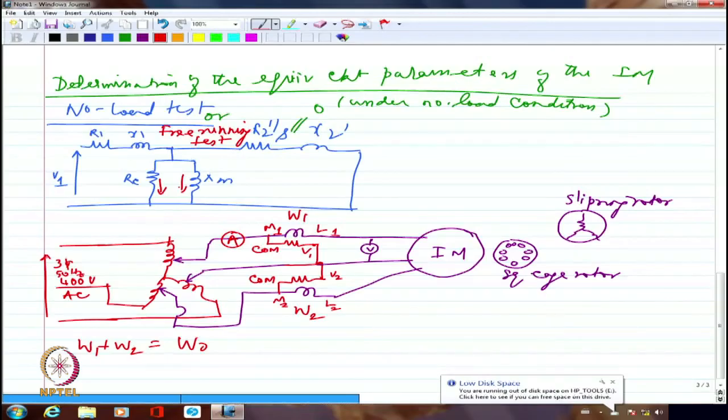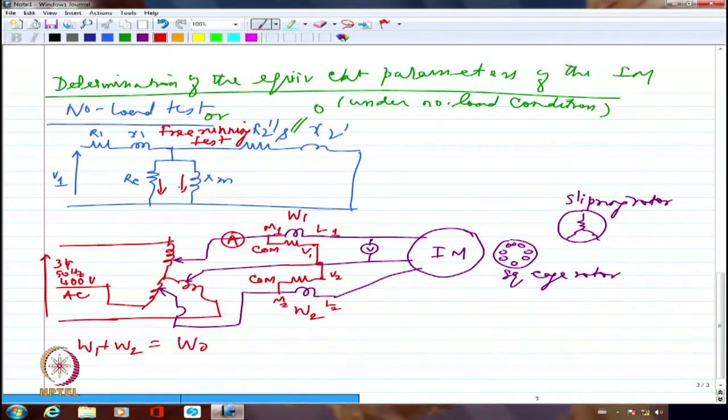So we might take the complete mechanical losses during no load test plus whatever the core losses are, put everything together, and call that RC, right?